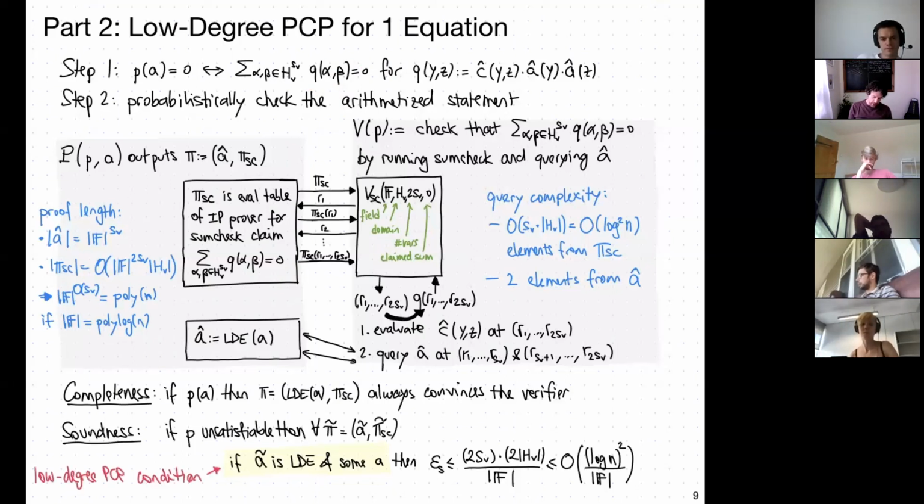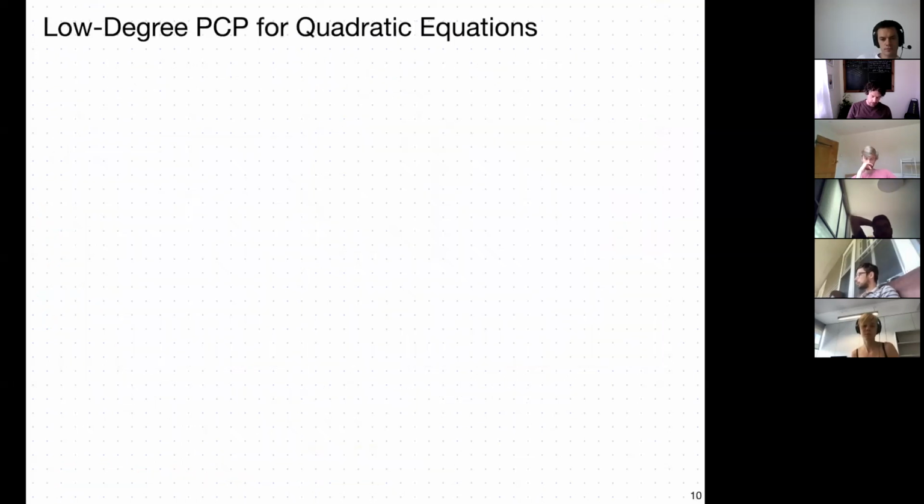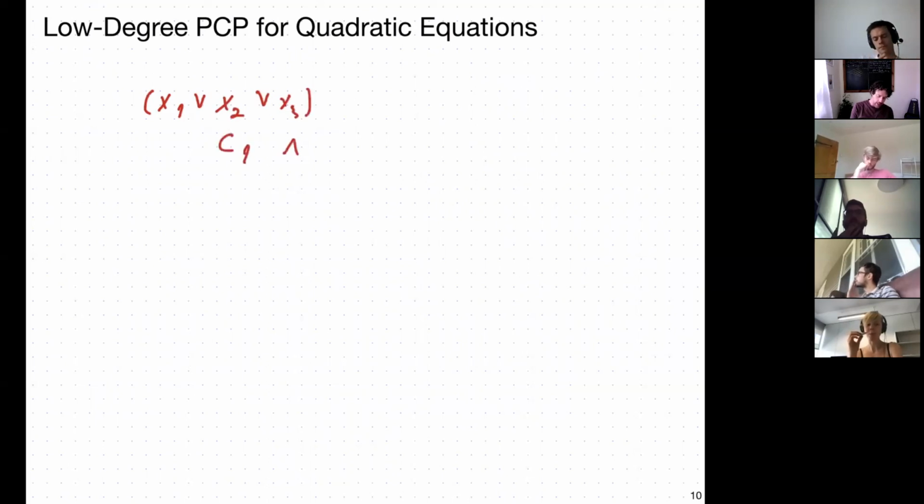Let me write it in a simpler condition. Suppose that you have a 3-SAT formula. So you have, I don't know, clause 1 and clause 2 and clause 3 and so forth. And then you can write this low degree extension, which would give you an indicator of whether each C_i is being satisfied.